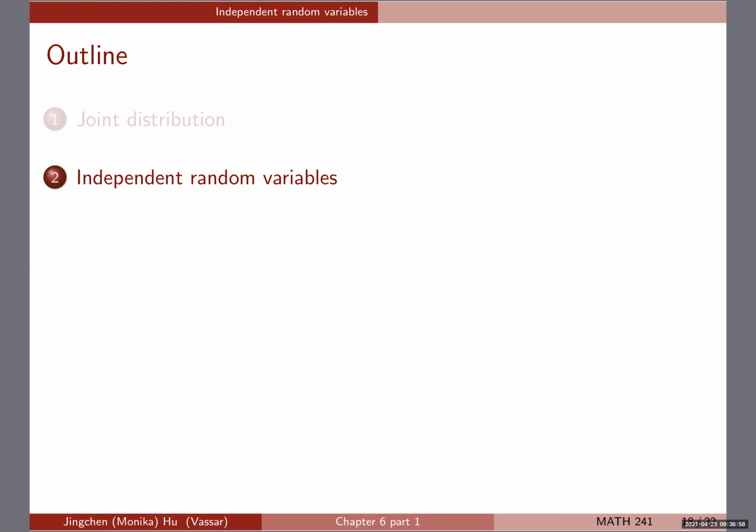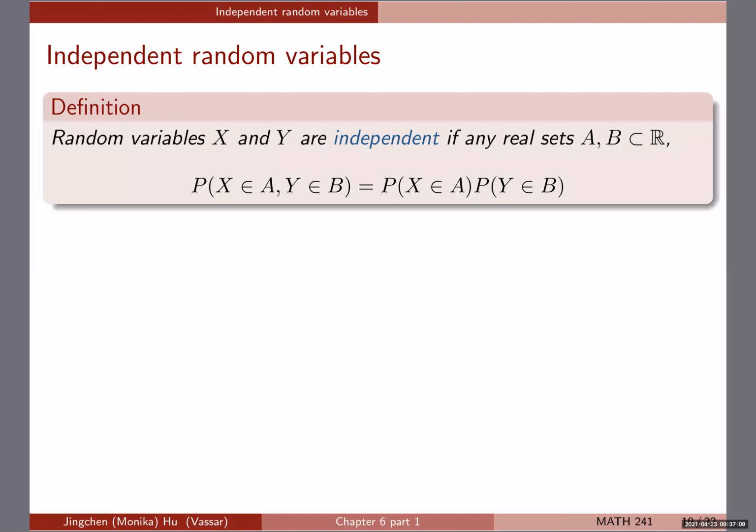While independent random variables, with the plural form there, you know that we're working with multiple variables again. We are trying to define what independent means for them, and then how to show things are independent or how to use the fact that they're independent to solve some exercises or questions. So the definition goes this way.